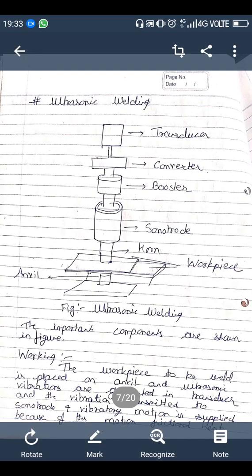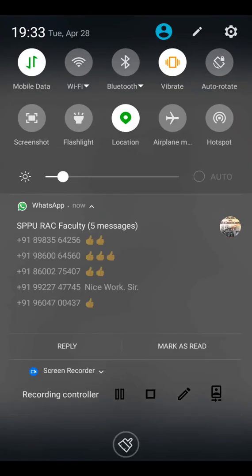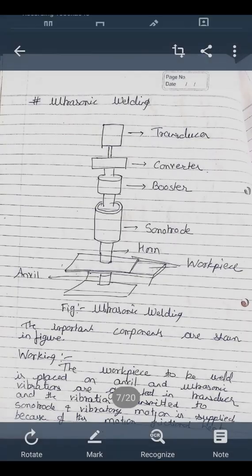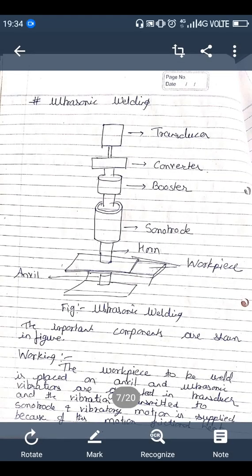The power source or generator provides a high voltage signal at the desired frequency, typically about 20 kilohertz. This power is needed by the transducer to generate vibrations. The transducer is the key component of the ultrasonic welding machine.